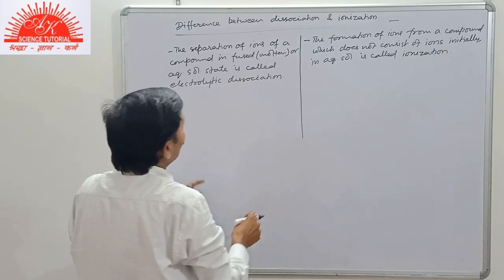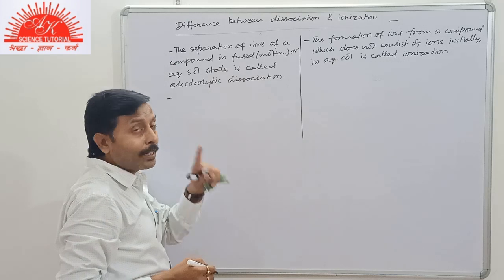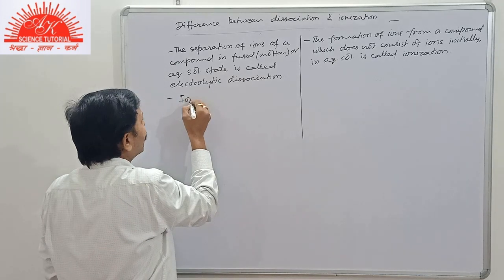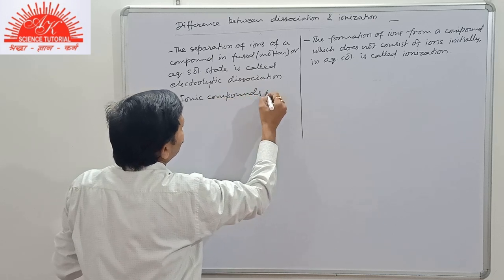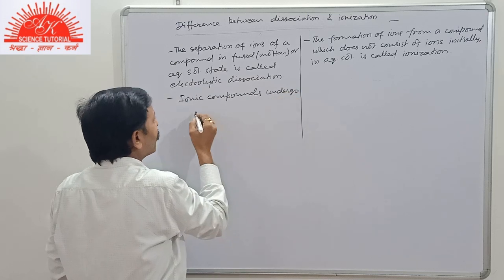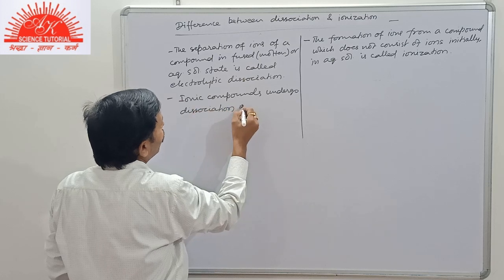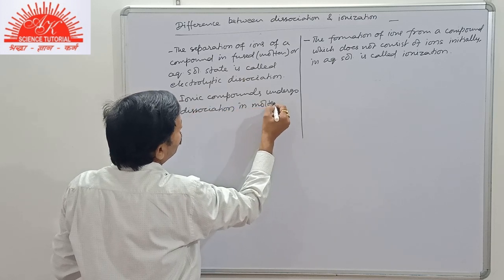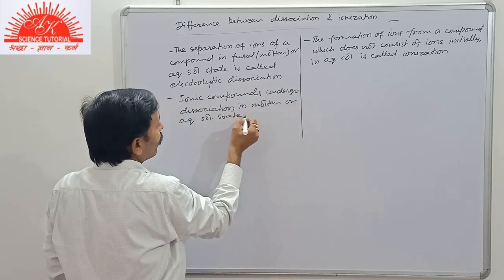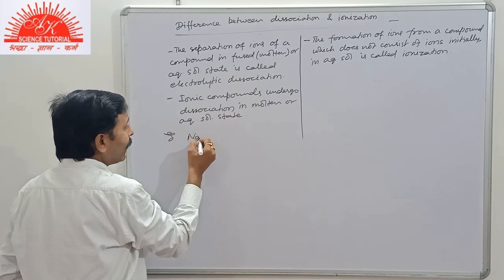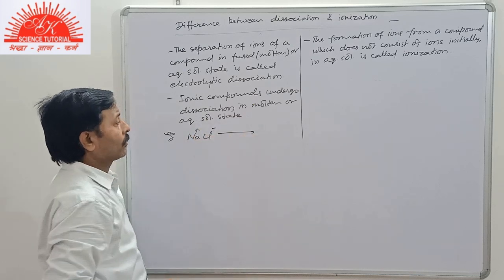Now, as we have studied, dissociation is a separation of ions, means the ions are already present. So we write here that ionic compounds undergo dissociation in molten or aqueous solution state. Like suppose we have NaCl. NaCl already consists of ions.